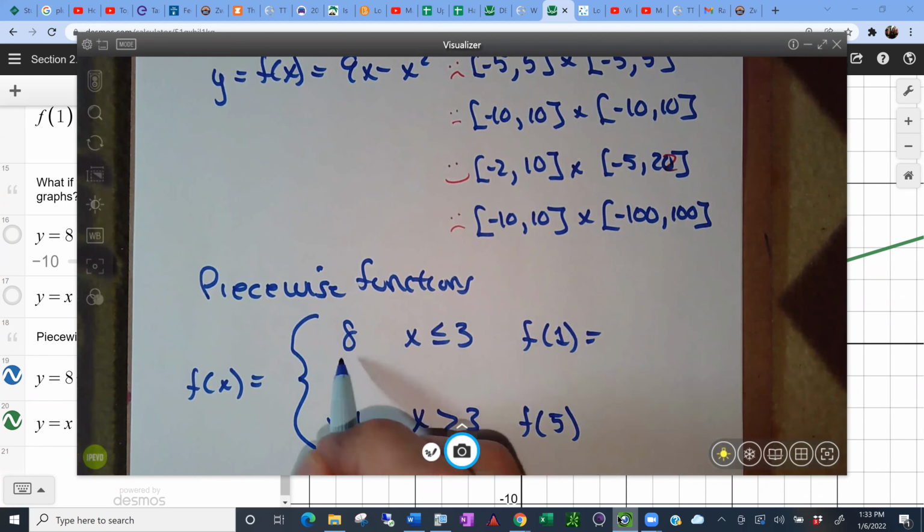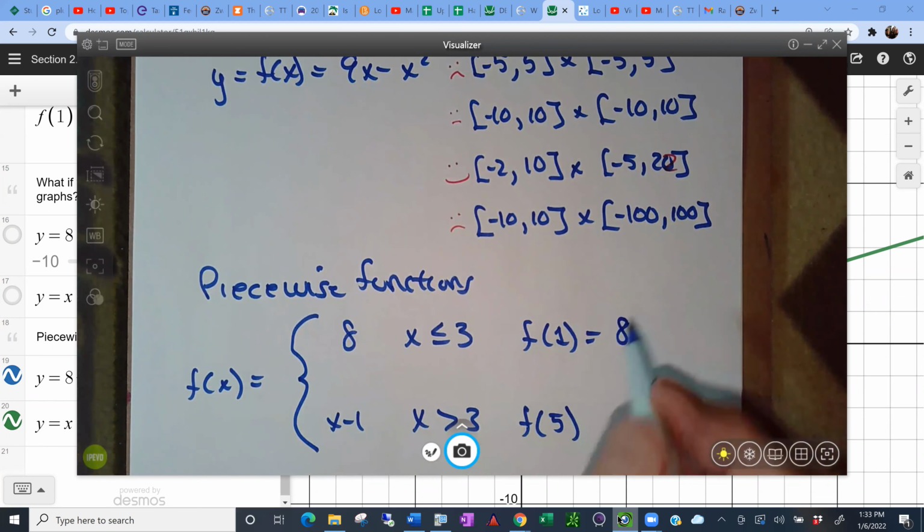That is, f of x would equal 8, or f of 1 would equal 8. If I'm dealing with x is 5, then I want to use this part of the function. Since 5 is greater than 3, putting in a 5 here, 5 minus 1 gives me a 4.